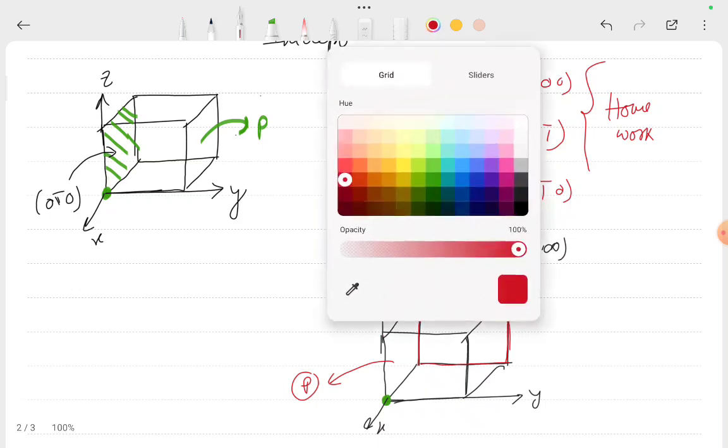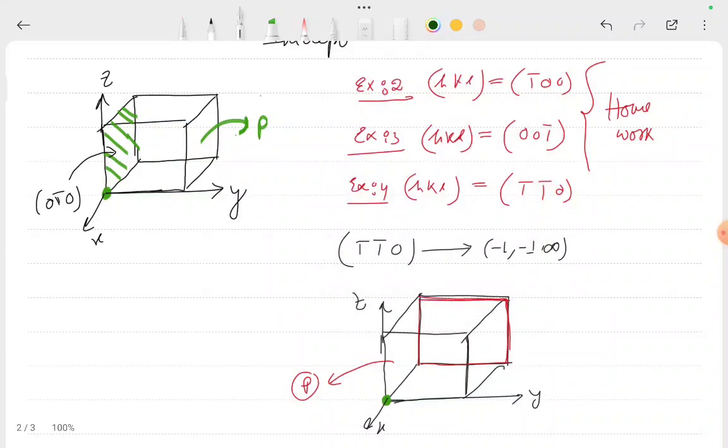So for plotting this, first of all we take an arrow along the x-axis. This is our style for sketching negative Miller indices.